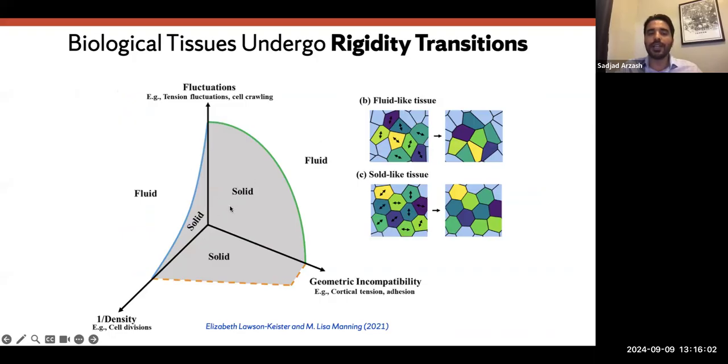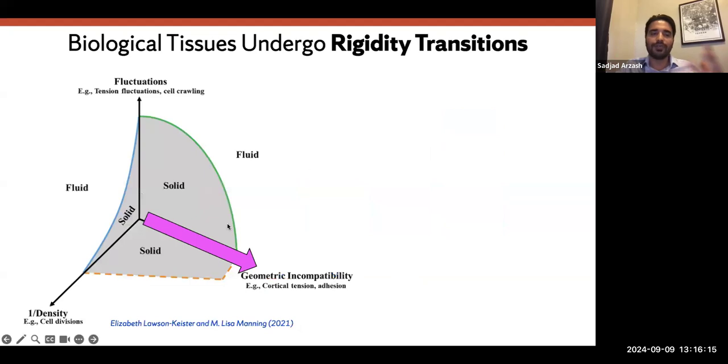If we have a solid-like state, increasing fluctuations makes it more fluid-like, or decreasing density as well. But for these specific tissues that I'm interested in, fluctuations can be negligible as well as density fixed, but still we can go through a rigidity transition.